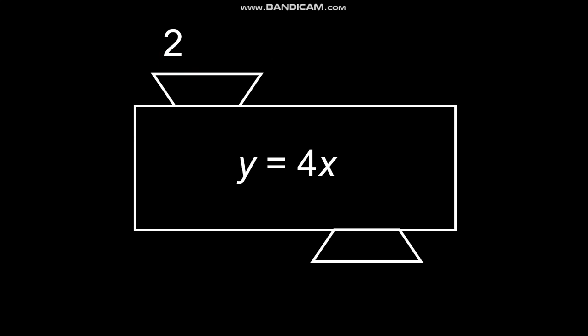I have 4 times 2 is 8. y is equal to 8. That's my output. If I use -3 as my input, my output is -12. I could put in a fraction. If my input is 1/4, 4 times 1/4 is 1. That's my output.